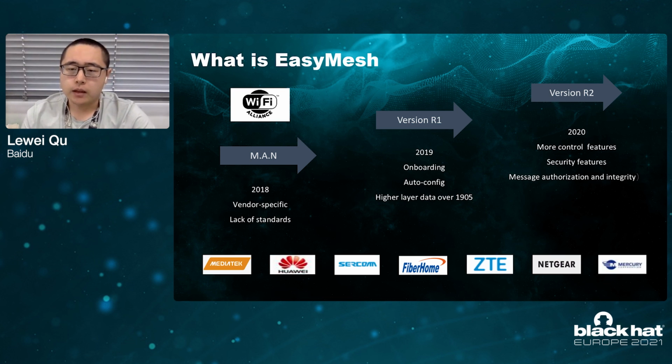In this version, EasyMesh gets more features. It is worth mentioning that EasyMesh introduces several security features, such as the integrity and authorization of message. Up to now, dozens of vendors have got the EasyMesh certification, such as MediaTek, Huawei, ZTE, and so on.